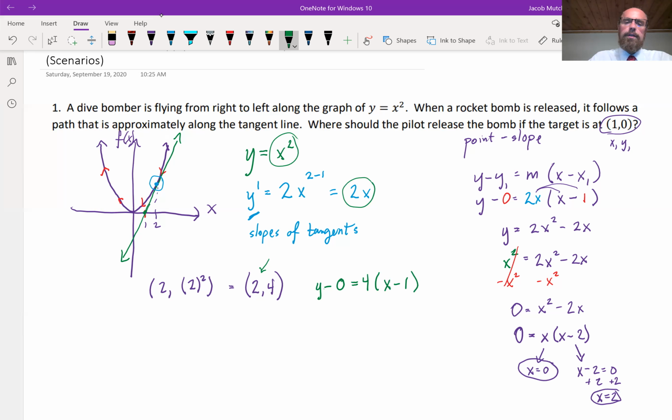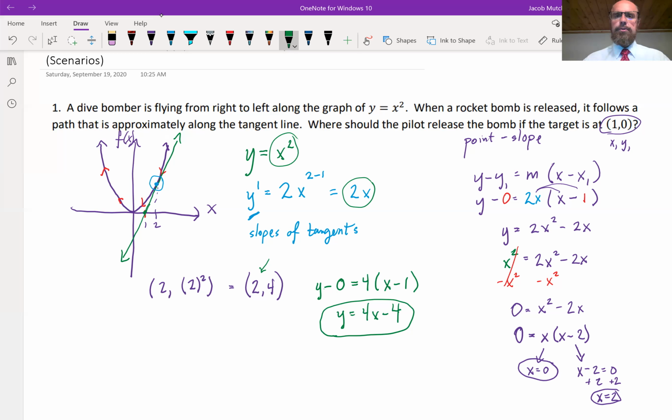So this could be my potential equation, y equals 4x minus 4, if I distribute that through. So let's do this. Let's look at that as a potential tangent line that could contain the points 1, 0, and 2, 4, and see if that actually intersects the quadratic.